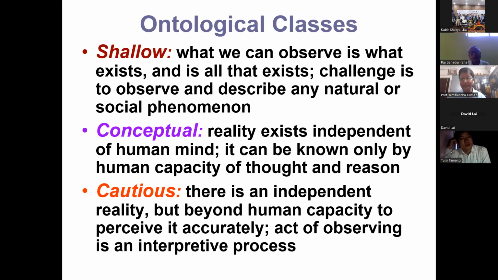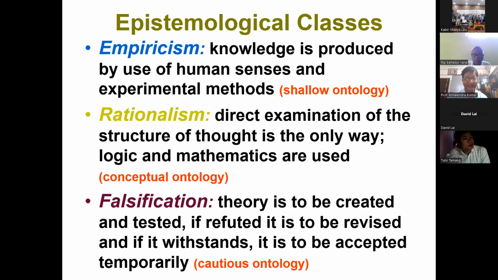This is what we can observe is what exists and is all that exists. The challenge is to observe and describe any natural or social phenomena. So here is empiricism that we have to make a study of. Rationalism, that is a direct examination of the structure of thought, is the only way; logic and mathematics are used.